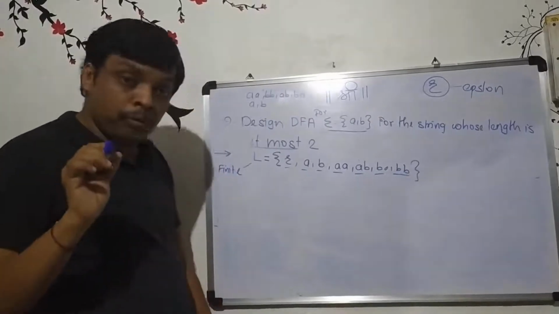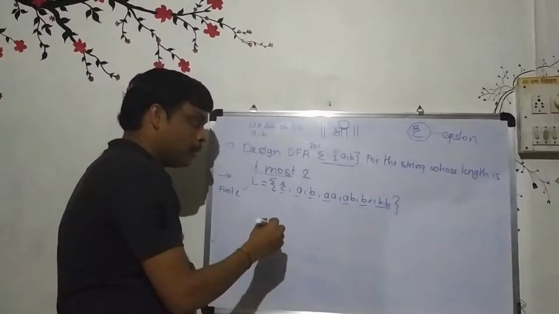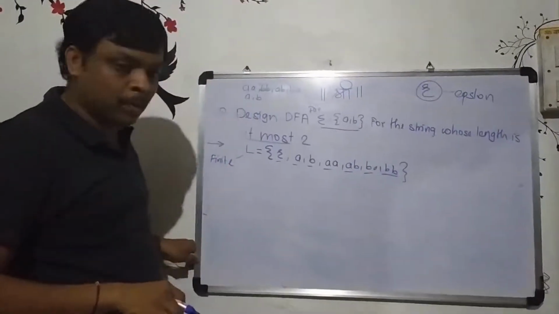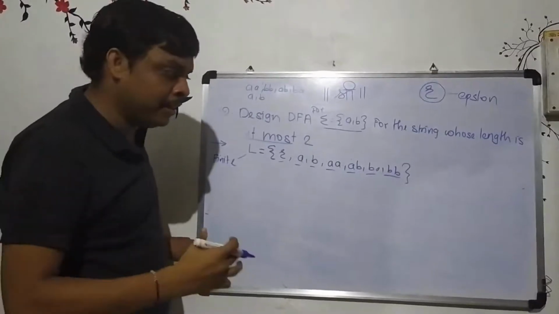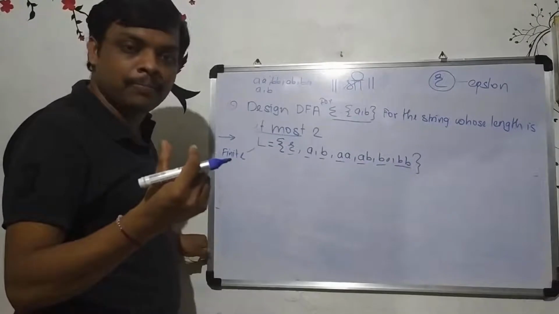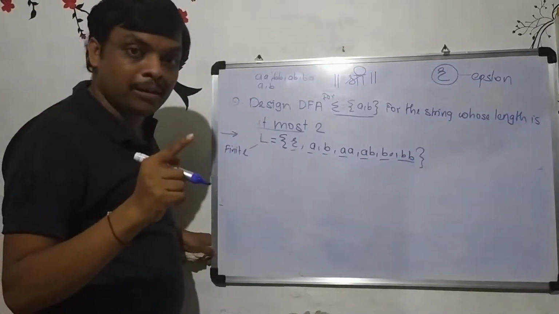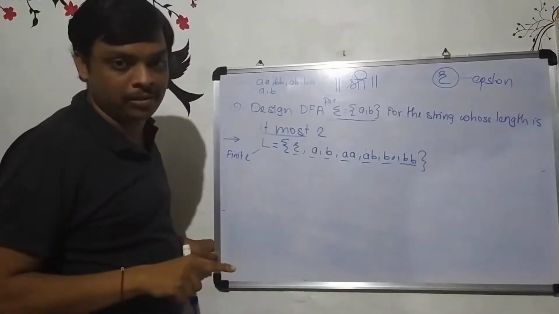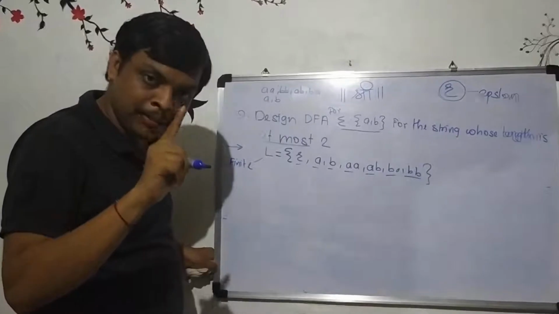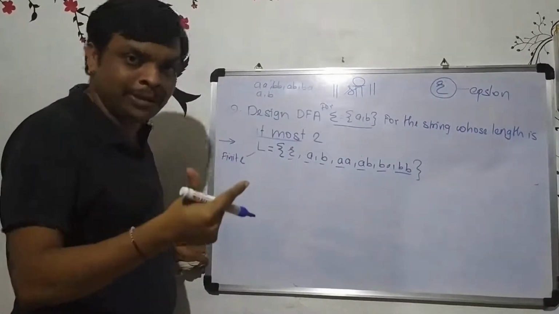Now whenever you are dealing with a finite language, at that time you have to consider, unlike my previous example, where while designing the DFA you initially consider the string with the smallest length. That condition is for an infinite language, where the first step is to design a skeleton for the smallest string.